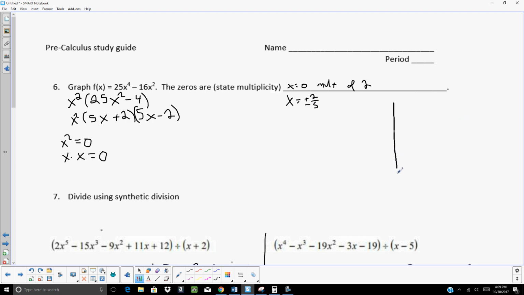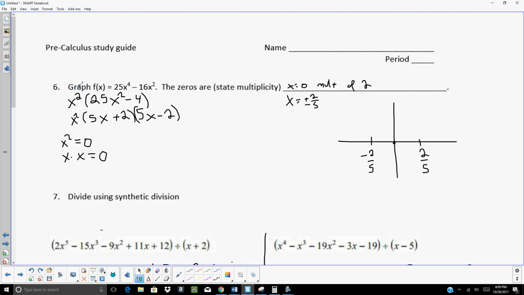So if I were going to graph that, right there, I'm just going to call that negative 2/5. I'm just going to call that 2/5. And we've got a 0 right there.